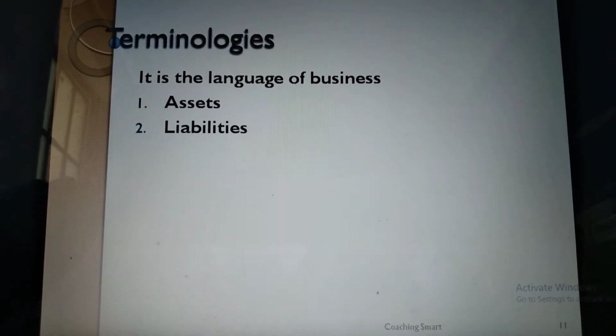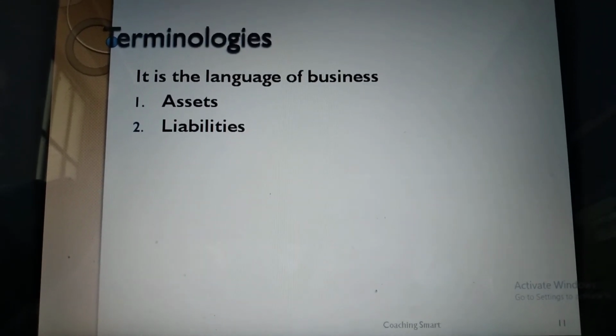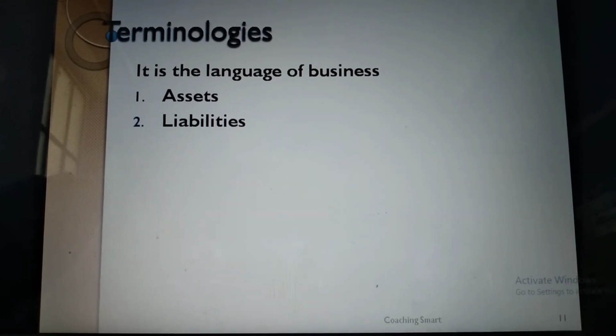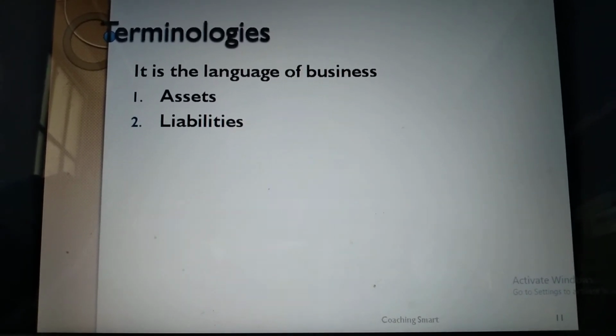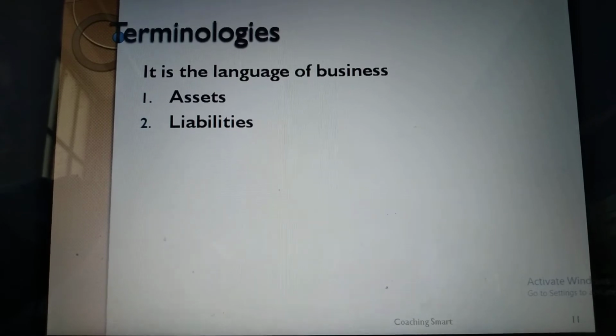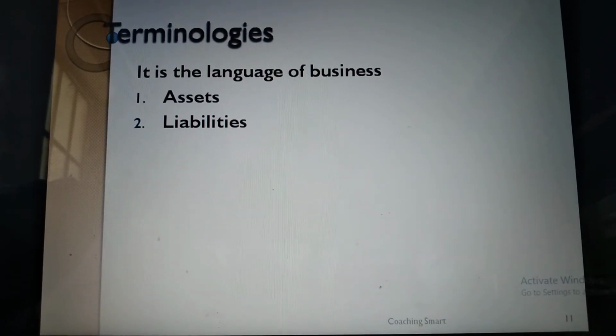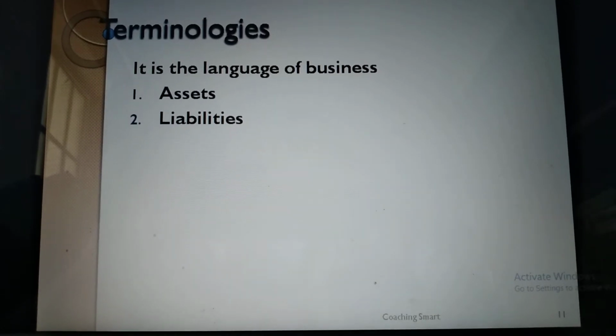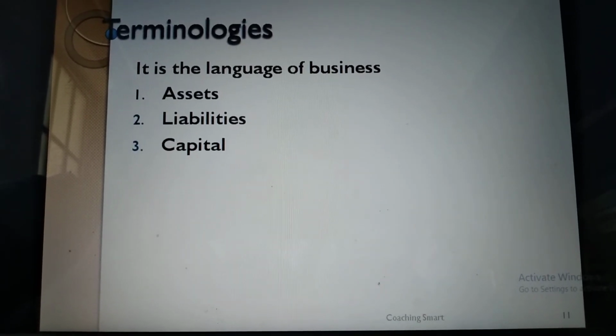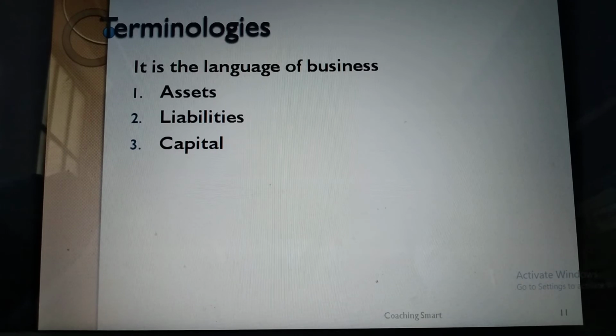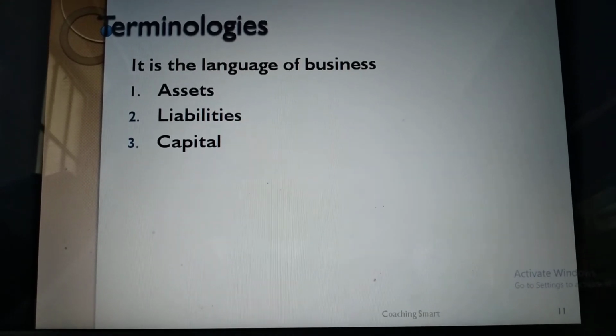Two, we have liabilities. What are liabilities? These are business items which are supposed to be paid by the business when they make use of capital. 3. Capital. Capital is the amount of money which is used to start a business.